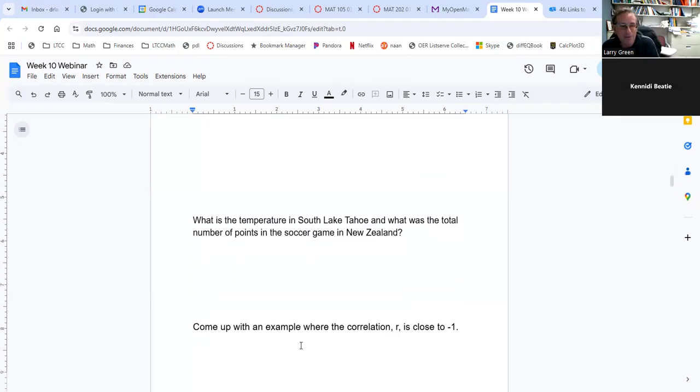Okay, come up with an example where the correlation R is close to -1. See if you can come up with one of those. So two measurements or two survey questions, something like that, where R is very close to -1. There are a lot of examples, but they're a little harder to think about than one.